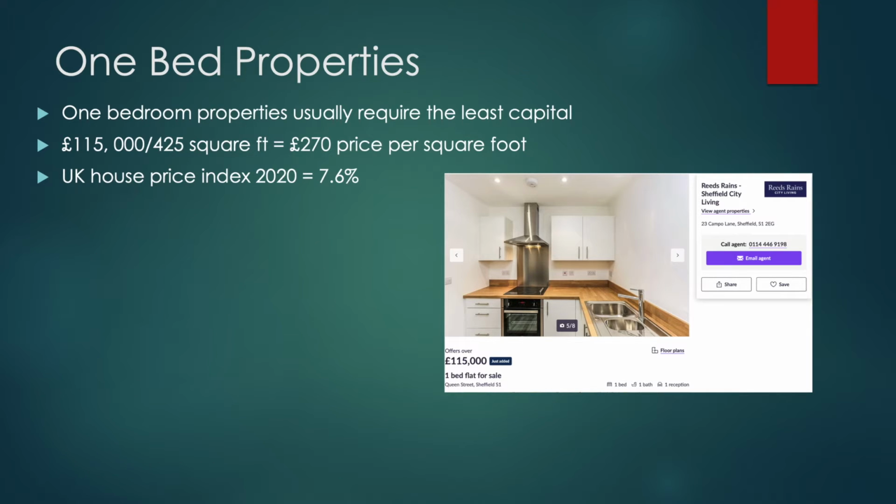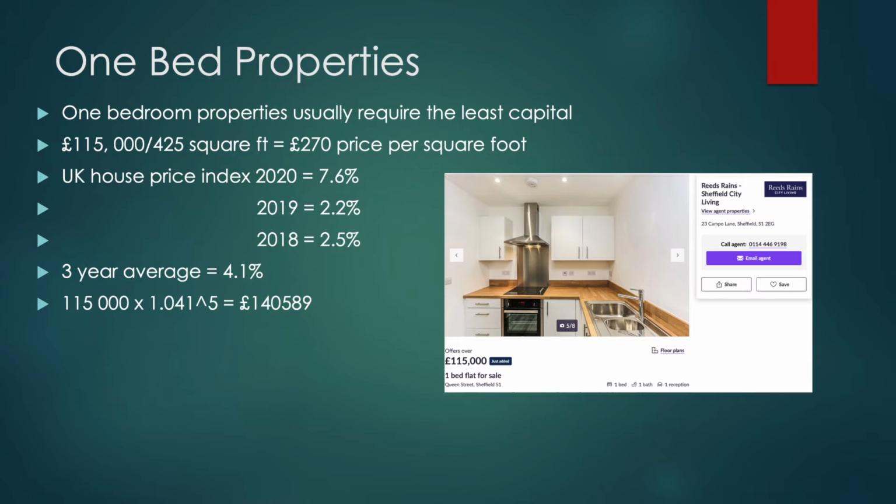The UK house price index in 2020 was 7.6%. The year previous to that it was 2.2%, and the year previously to that it was 2.5%. So if we take a 3-year average over the last 3 years, it gives us an average of 4.1% growth in the UK housing market. So then we can look at what we get as a return if we invested into this property over a 5-year period.